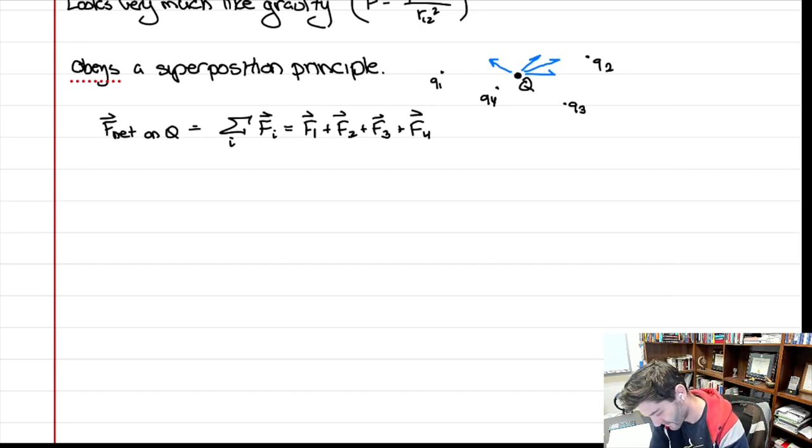So suppose I have 3 charges, and they're all separated by equal distances. So this is some distance d, this is some distance d. This is an electron, this is a proton, and this is also a proton.